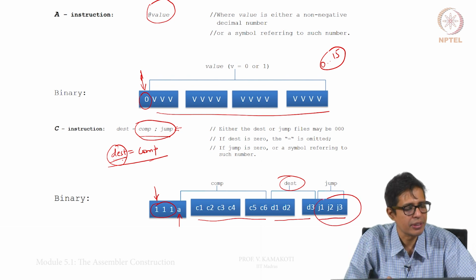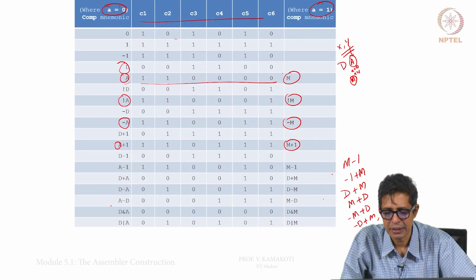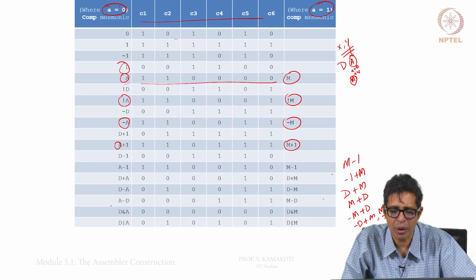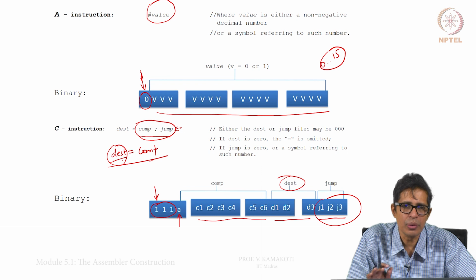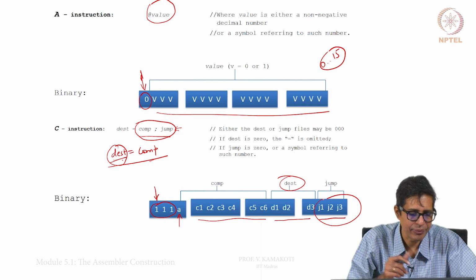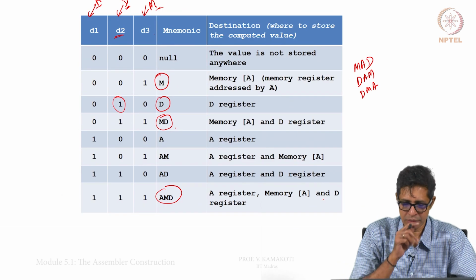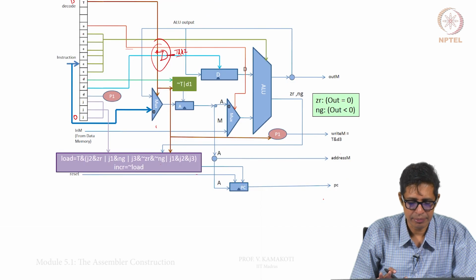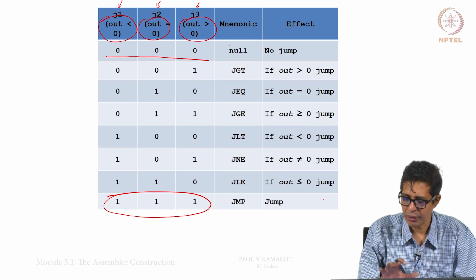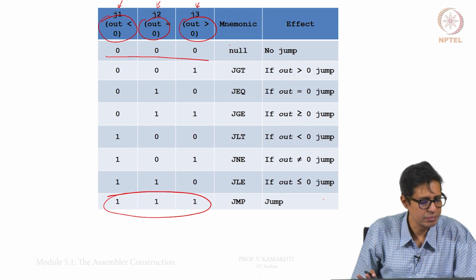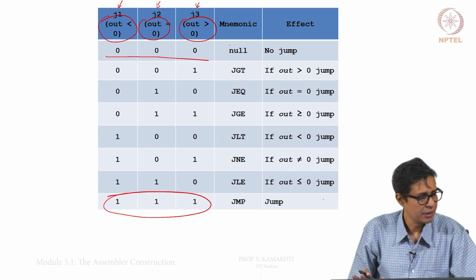So these three tables are extremely important for us to understand how, from the mnemonic, we actually get to this 16-bit binary. We will be using these three tables extensively as a part of this assembler development.